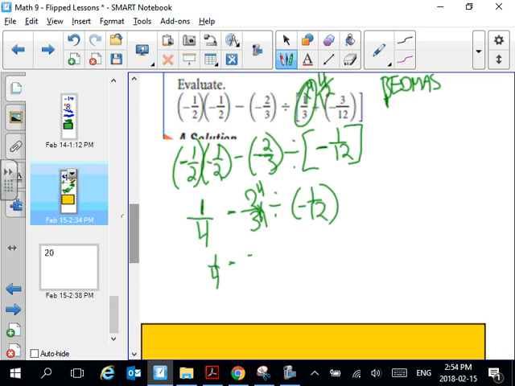So I'm going to actually call that negative 8/1. Okay. So I have 1/4 minus what is essentially negative 8. And 1/4 minus negative 8 is going to give me 8 1/4 as my final answer.